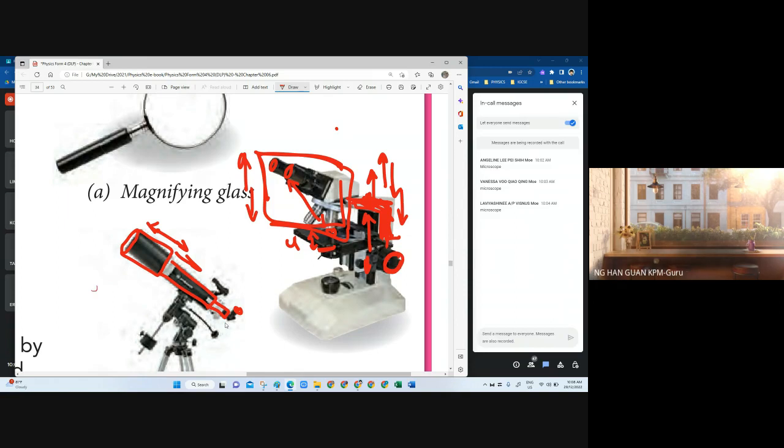Usually they keep the short one inside the pocket. After that, when they use it, they will pull it until really long because they can pull it out. So once they pull it out, it means that the distance between the lenses is changing.